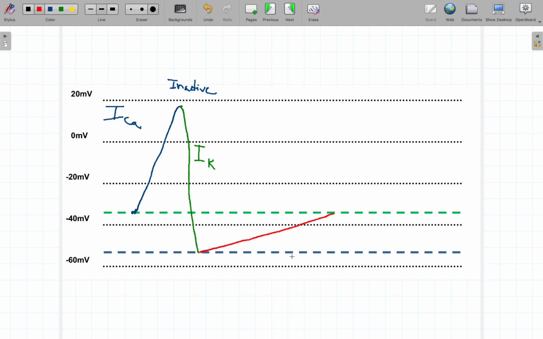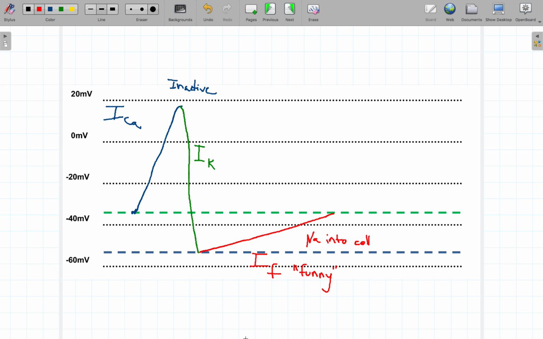This is because sodium is flowing into the cell and making the cell more positive. This current is unusual. In fact, we call it the I F current. Of course, here we're letting sodium into the cell, so the F doesn't stand for sodium, and there's no other ion that would be accounted for by this. So the F here stands for funny. This is the funny current.